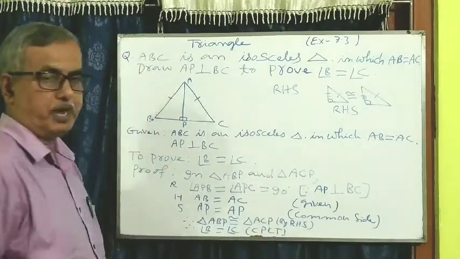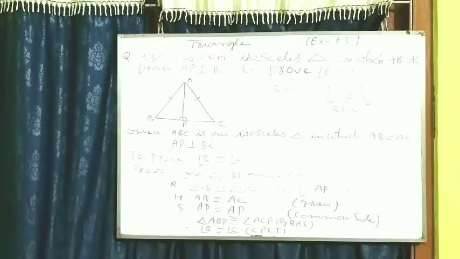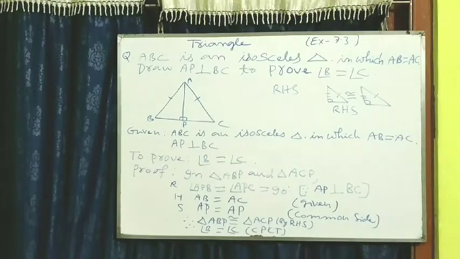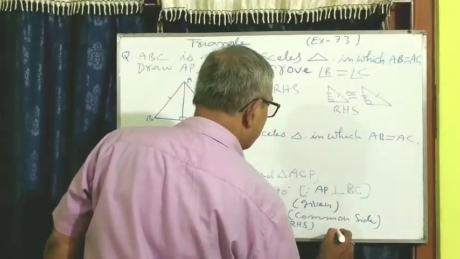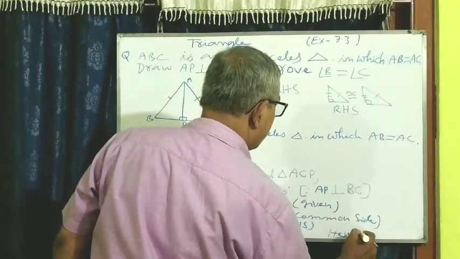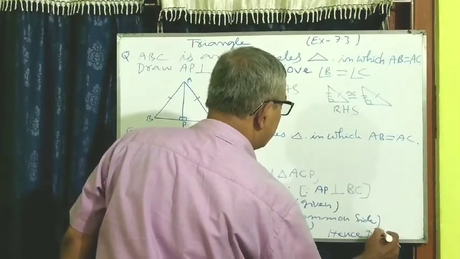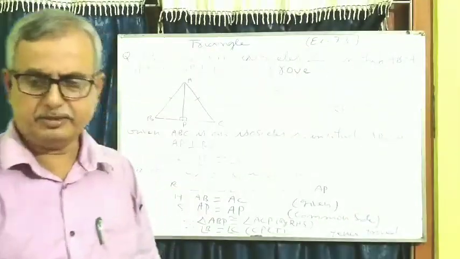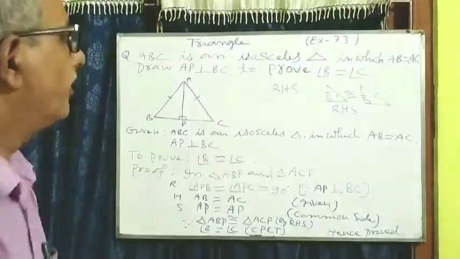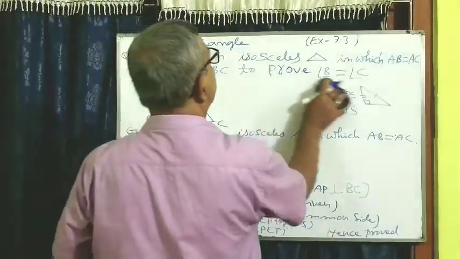Hence proved. I think you understood. So I have written angle B is equal to angle C, CPCT, hence proved. There is no need of writing this, I have written this one just to make you understand.